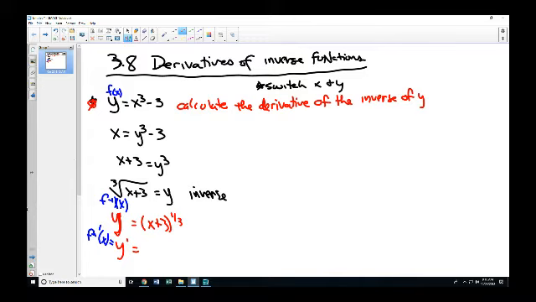You know power rule? Is there an inside there? Do you have to use the chain rule? What's the derivative of the inside? 1. You don't have to worry about the chain rule in this case.